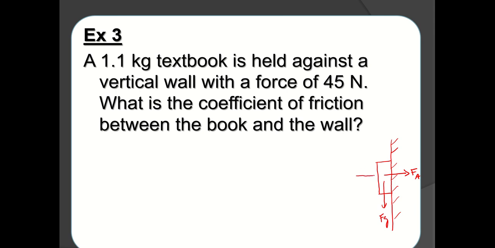Normally we see the object sitting on a horizontal surface, but remember the Fn is always perpendicular to the surface, so in this case our Fn is pointing to the left. And now we have one more force, which is friction. In this case, friction is acting against gravity, so friction is pointing up.